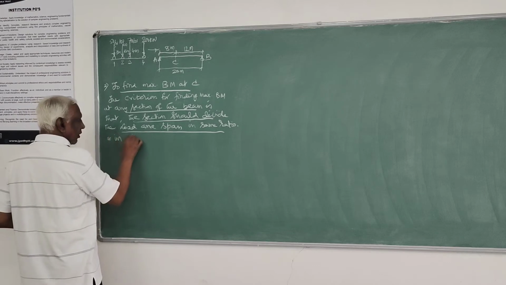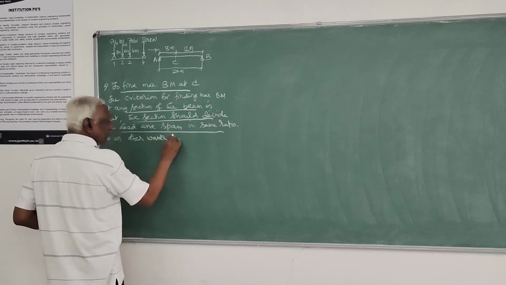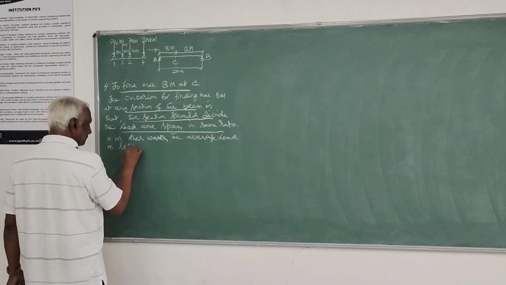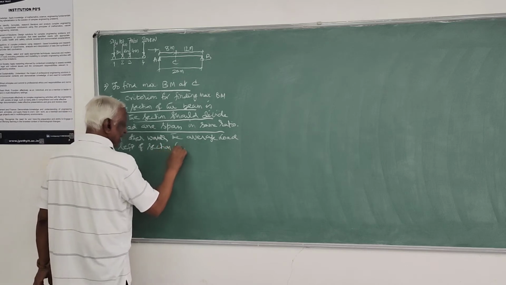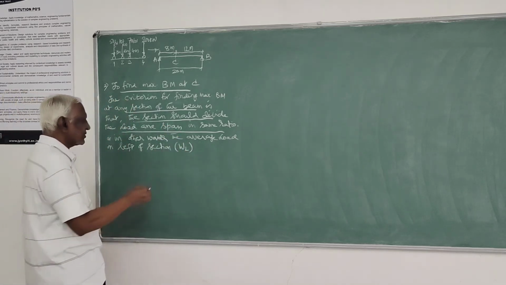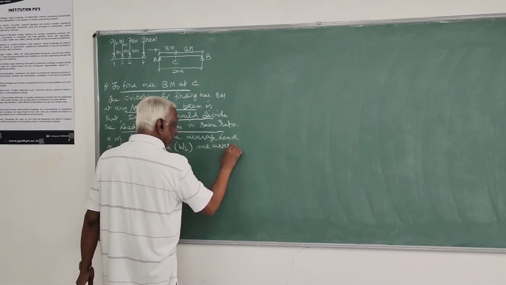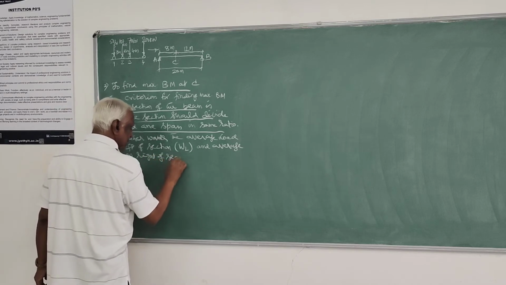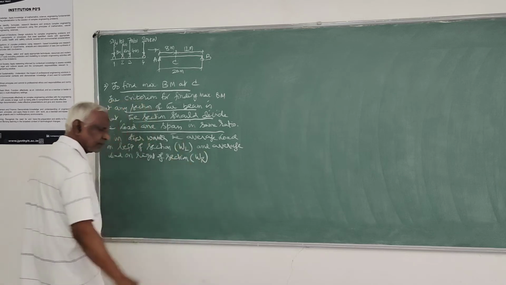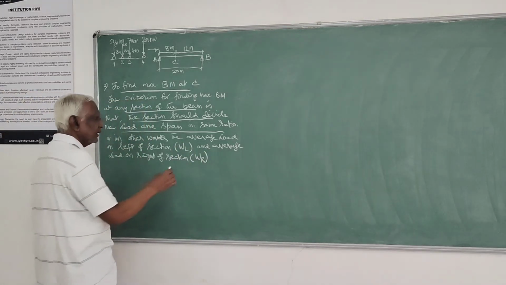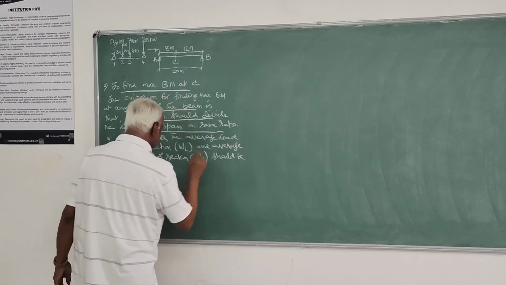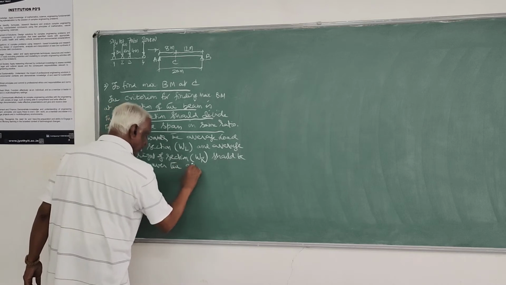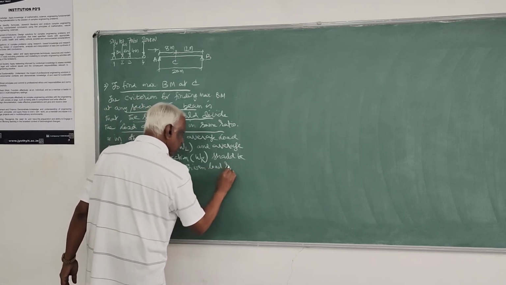Or in other words, the average load on the left of the section, we say WL, and the average load on the right of the section, we call WR, should be the same whenever the given load goes on.